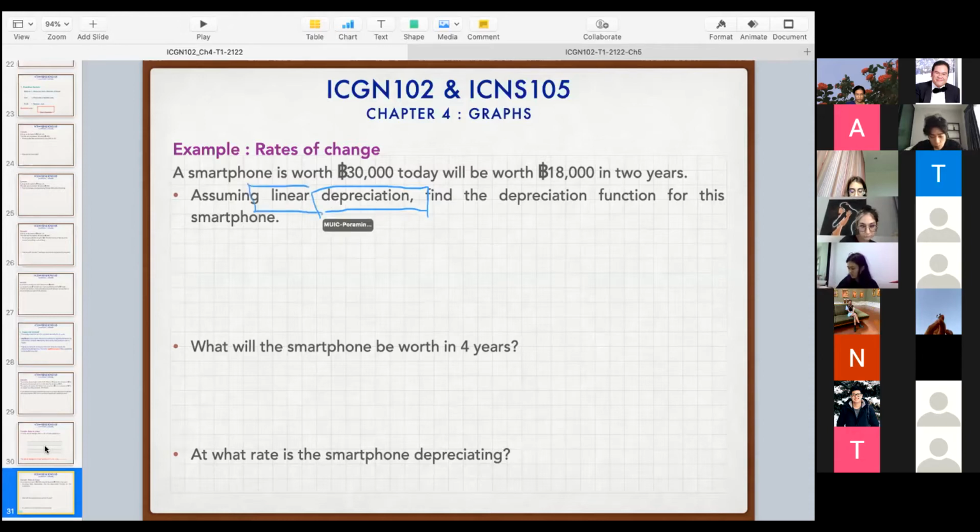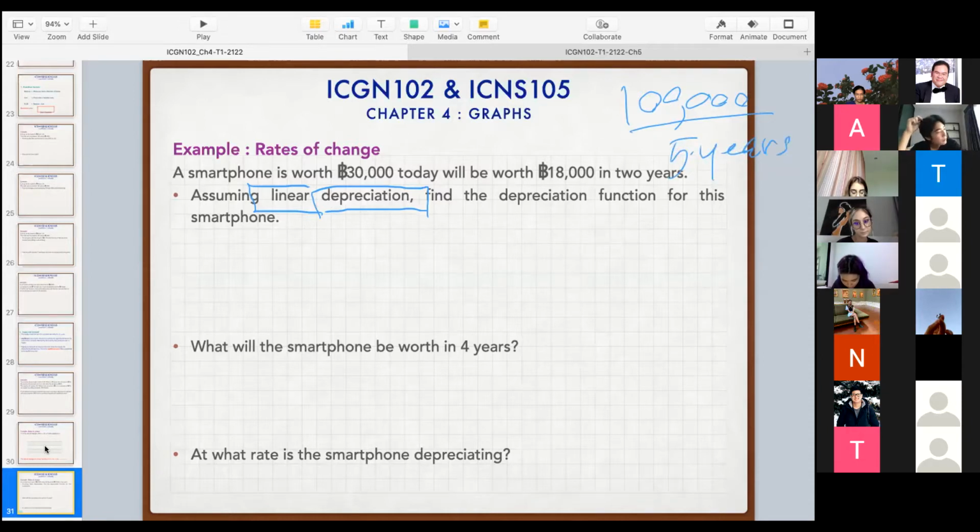For example, when you buy a new computer, firstly you purchase it for 100,000 baht, and let's say you use that computer for 5 years, after that you have to buy a new one.